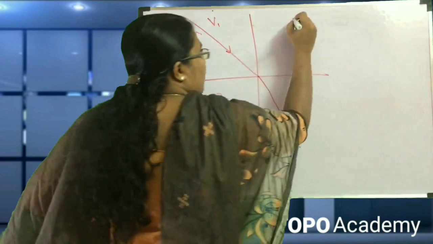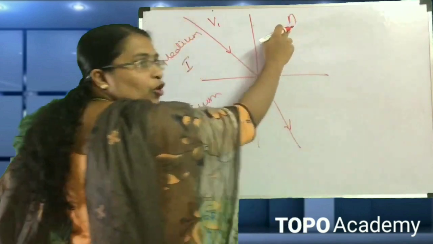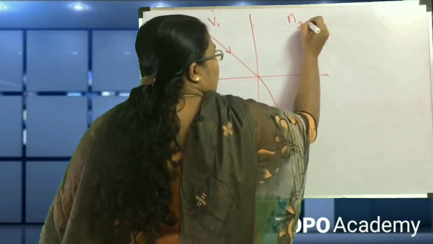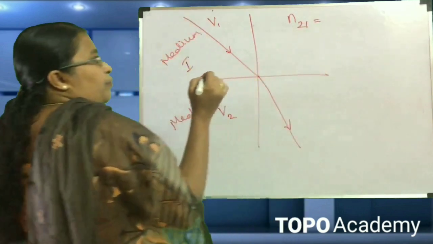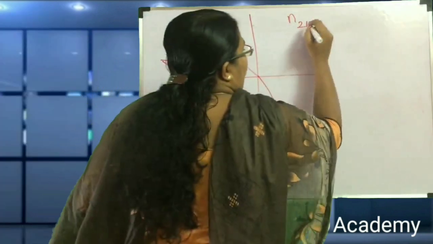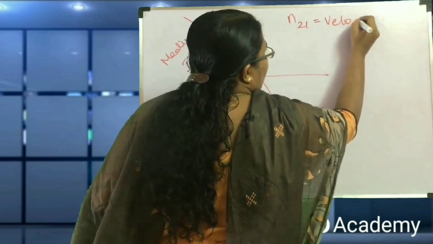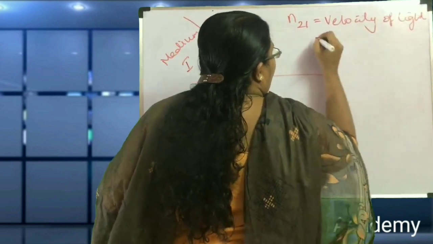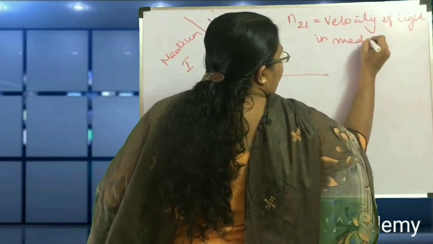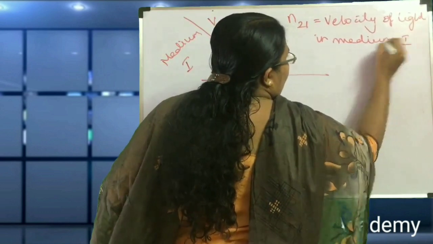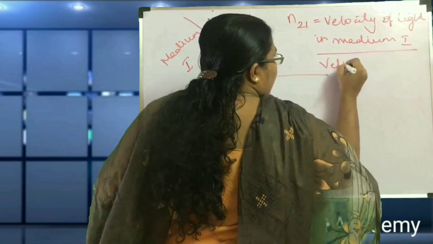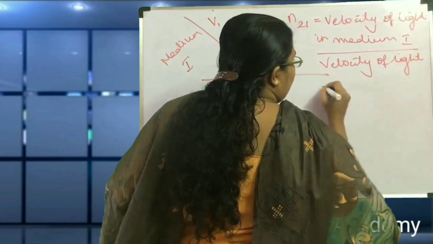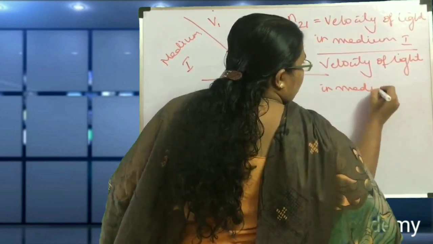We have to find the refractive index of medium 2 with respect to medium 1. This n denotes the refractive index. So what is the equation? n21 is the velocity of light in medium 1 divided by the velocity of light in medium 2.